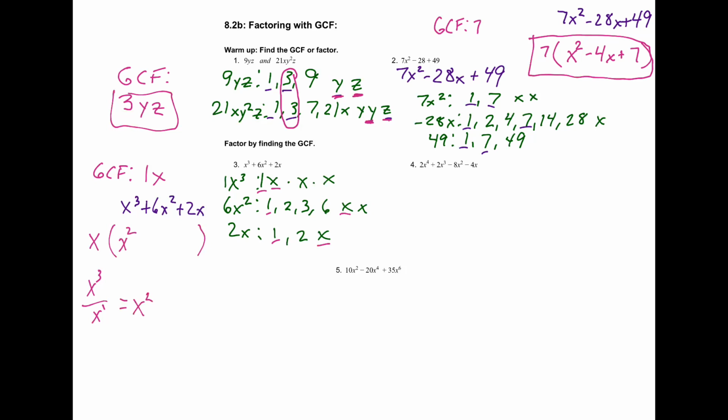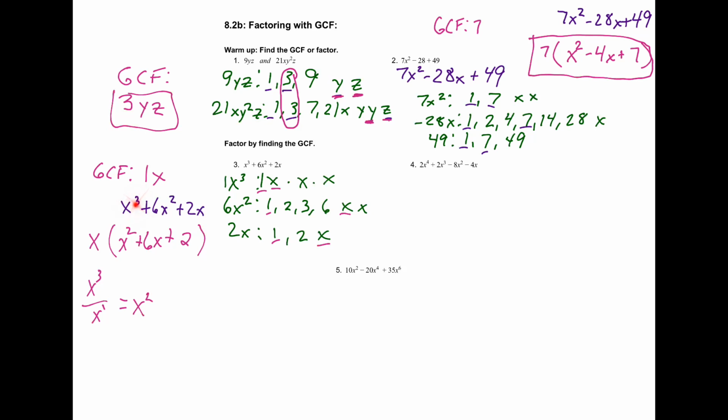So we're basically just getting rid of an x. Remember, we're undistributing, taking something out. So x squared. The next one here, 6 divided by 1 is 6. x squared divided by x is just an x. And then 2x divided by 1x is just going to be 2.